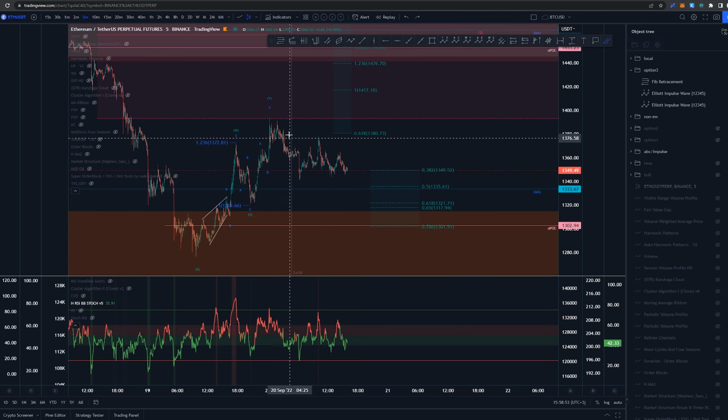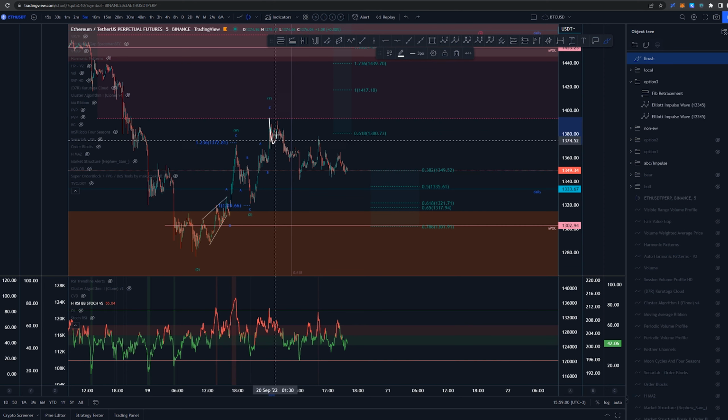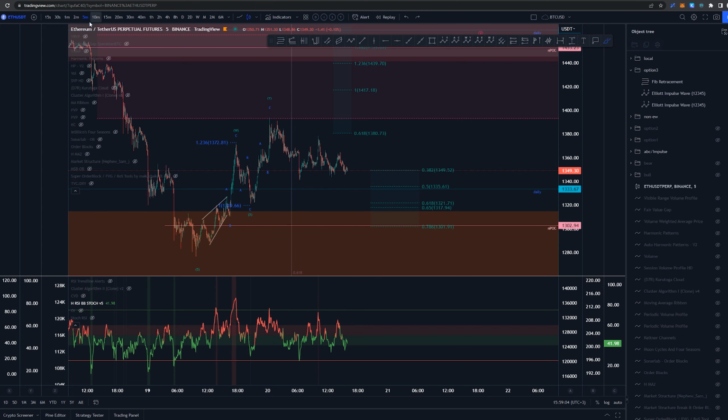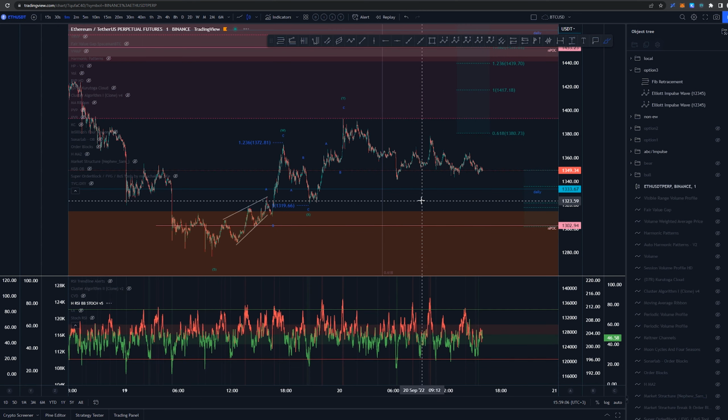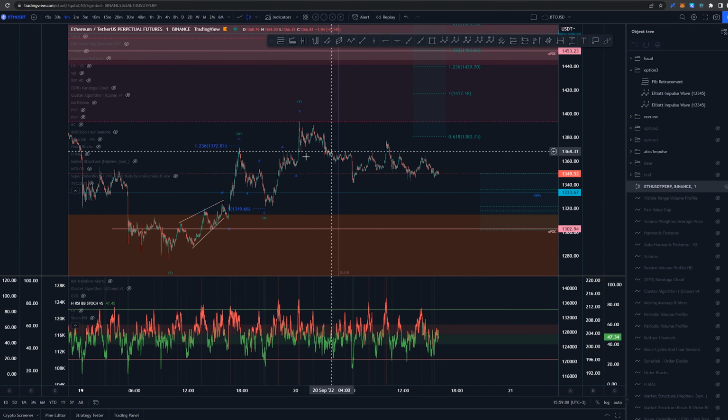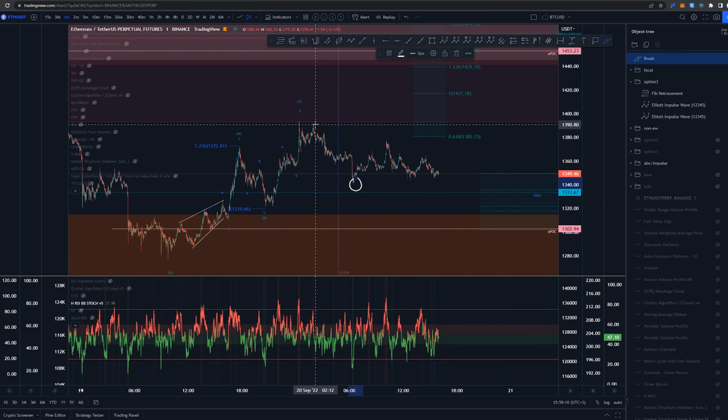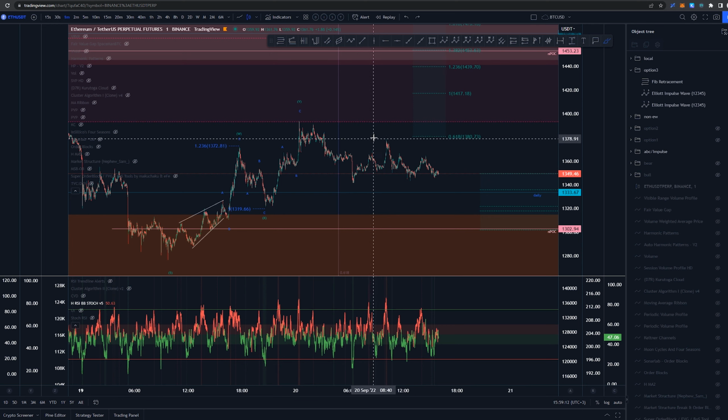But I've had issues with this current structure that we are having. I'm not quite sure. Should we label this as a 5-wave structure here or not? Since on lower time frame we did not even get a divergence between these two lows, I'm not quite sure how to label this.